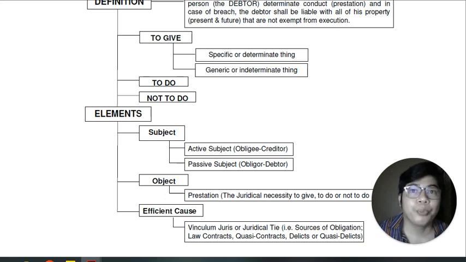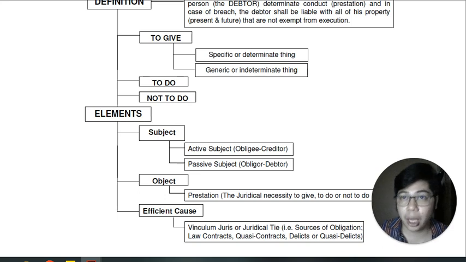We can say that it is determinate because it is physically designated from the rest. But when you say indeterminate, it cannot be designated, or it has not been segregated from other class. For example, a 2010 car.